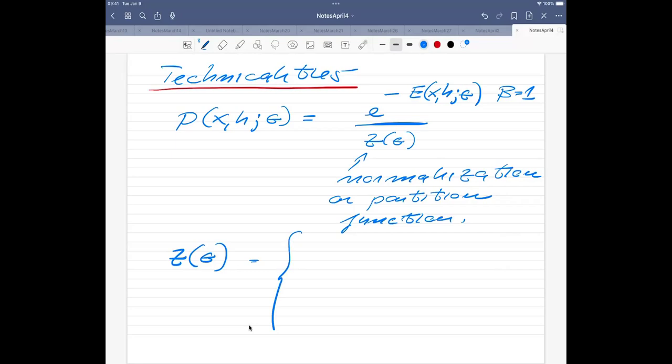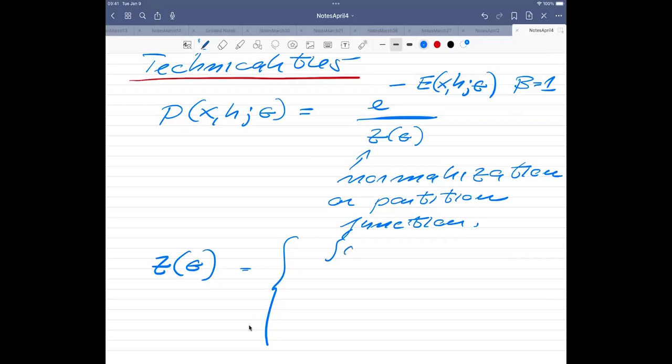If you have a continuous distribution, this will be an integral over x, where x is defined over a domain D. It will be an integral over h, where h is in another domain, which we can call D prime, which refers to the letter D for domain.